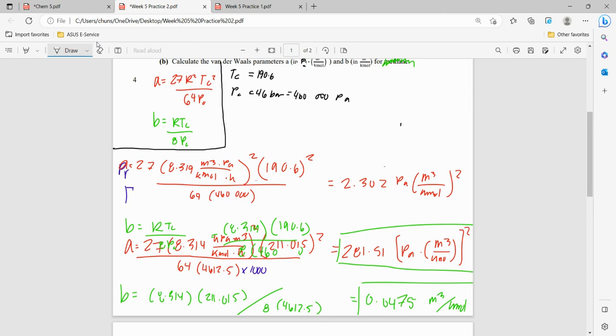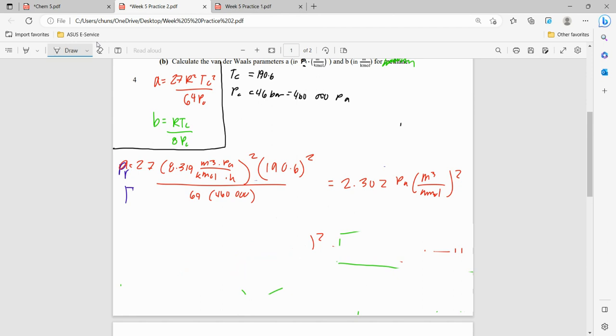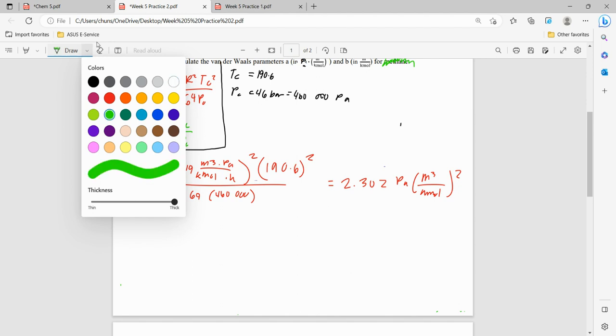Sorry, I forgot I used pen for this part. Okay, let's just pretend. Okay, got to take this out. Not really sure how to lock that layer there. Okay.